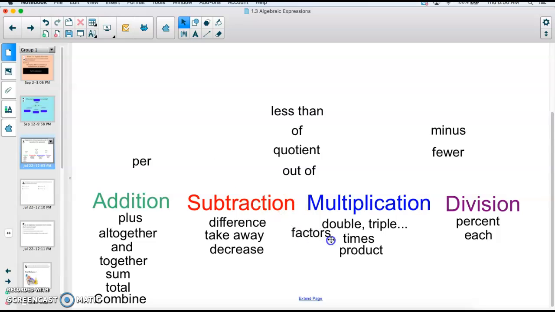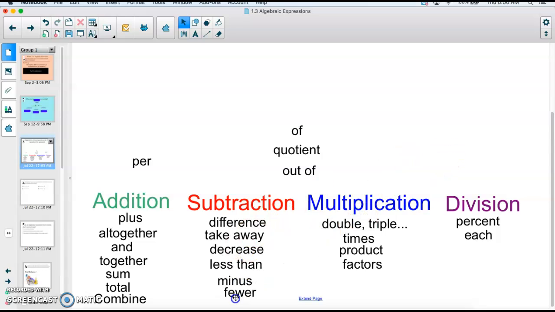Factors, when you factor something, you're thinking what two things multiply together to get that. Less than would be subtraction. If it's 3 less than a number, that would be that number minus 3. Minus, obviously, is subtraction. Fewer would also be subtraction. Of means multiply. Whenever you see of, it's multiply.